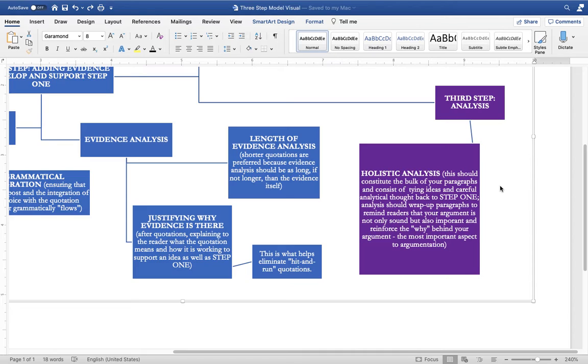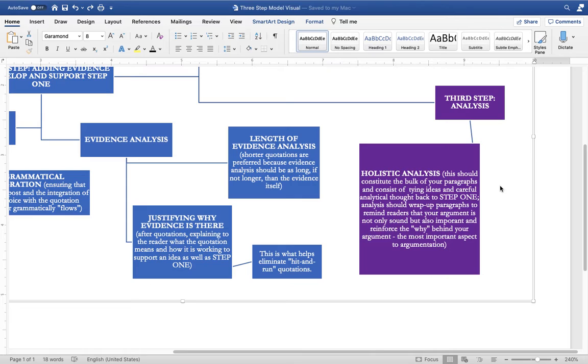When your readers are reading, you don't want them to get to the end and go, okay, well, why is this an argument, I'm not following, or why is this important, or why anything, right? You want that why question to be answered. So that's work that the writer has to do.